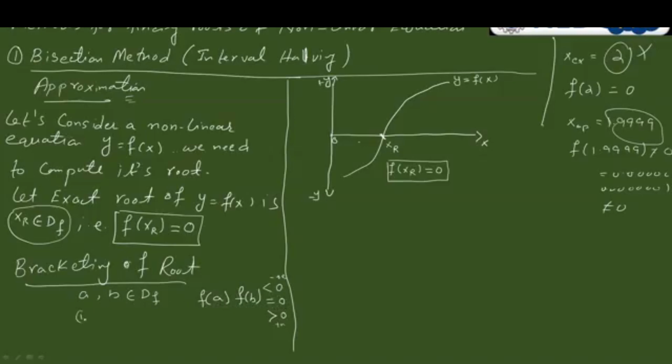That is, if f of A into f of B equals 0, this implies either f of A is 0 or f of B is 0. You got it? Either f of A or f of B is 0, if f of A into f of B equals 0.